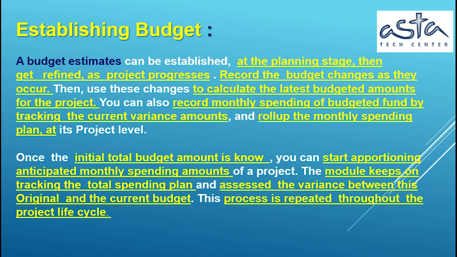Once the initial total budget amount is known, you can start apportioning anticipated monthly spending amounts of a project. The module keeps on tracking the total spending plan and assesses the variance between the original and the current budget. This process is repeated throughout the project life cycle.